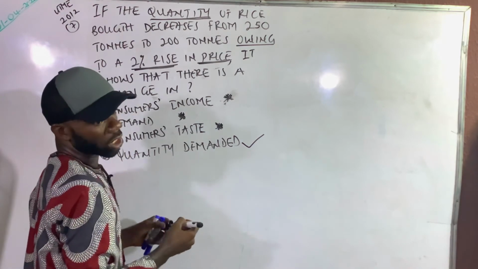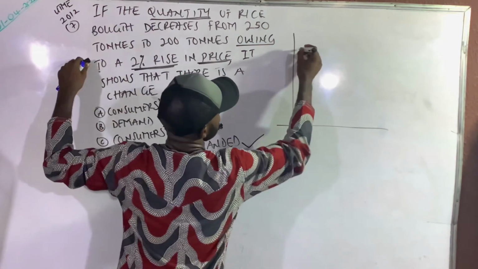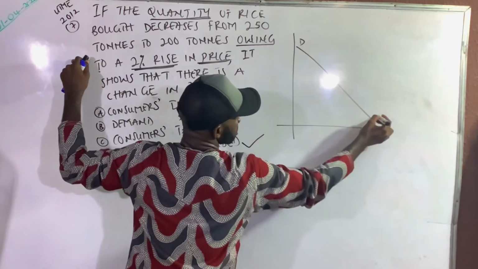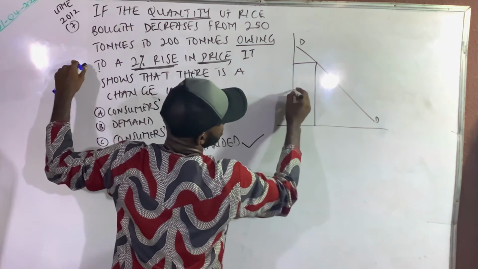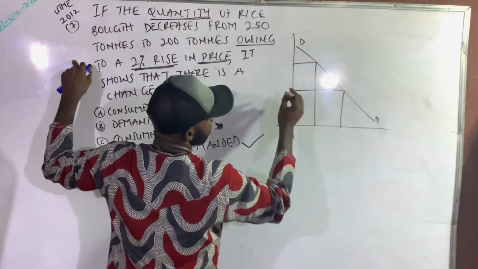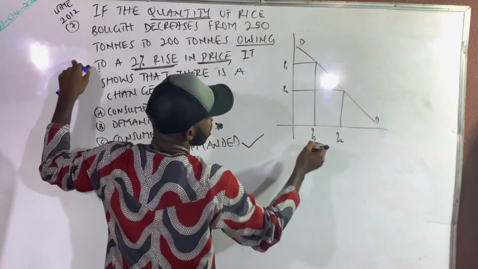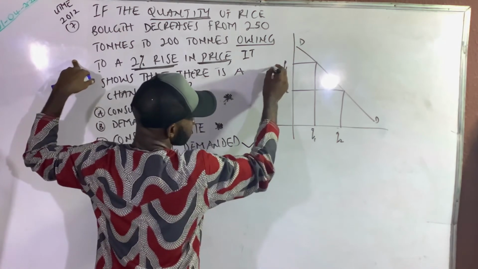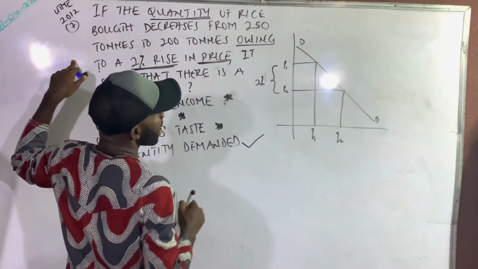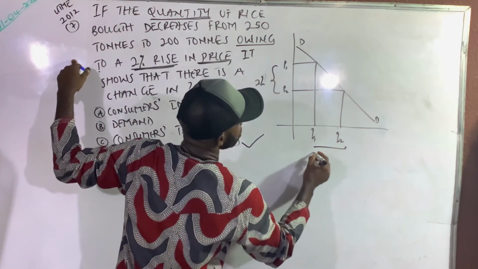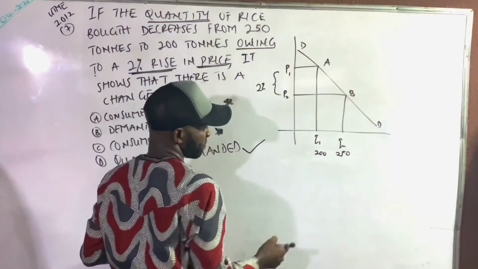We can actually see this on a diagram. From the diagram point of view, you can see something like this in demand. Let's look at this change. So if this is price 1 and this price 2, quantity 1, quantity 2, we can say that the difference between this and this is 2%, while the difference between this and this is 250 to 200, which means a decrease.